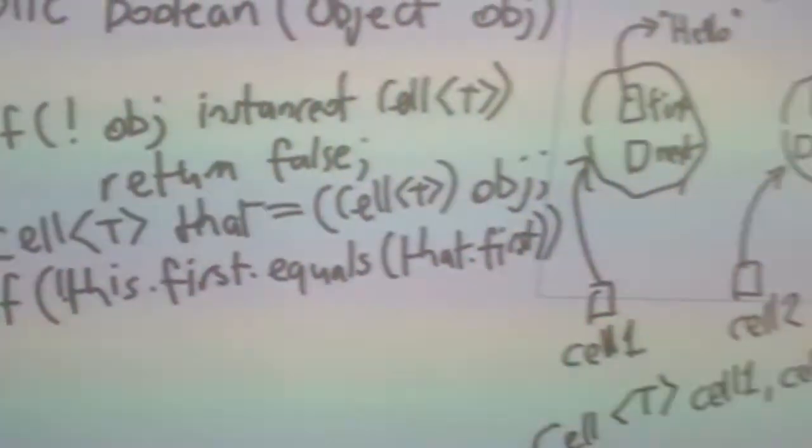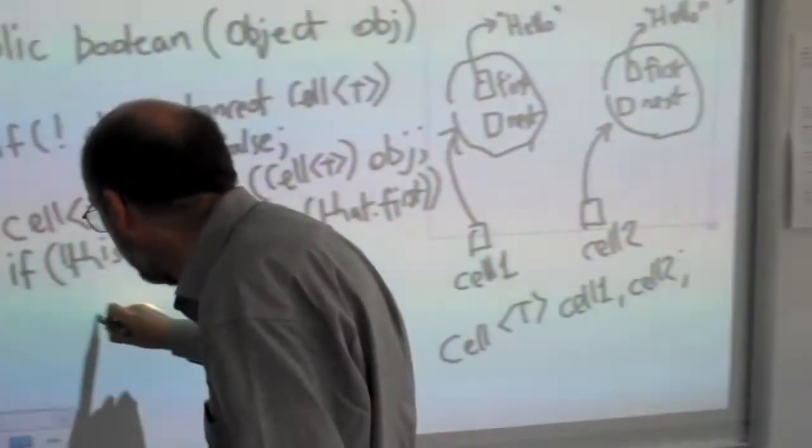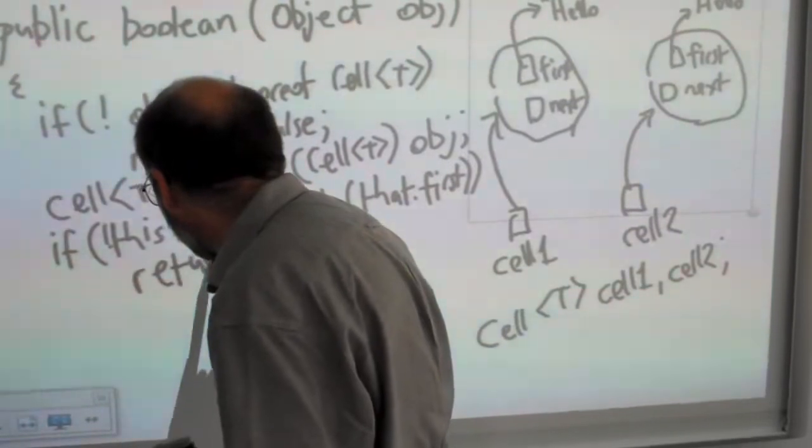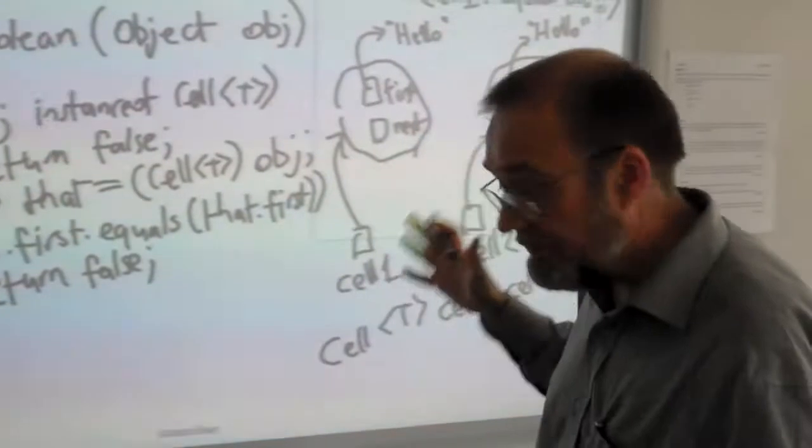So if the first of this and that are not equal, the two lists are not equal, we can return false without any further checking. We don't need to go further than this.